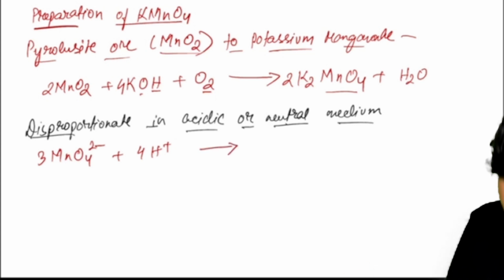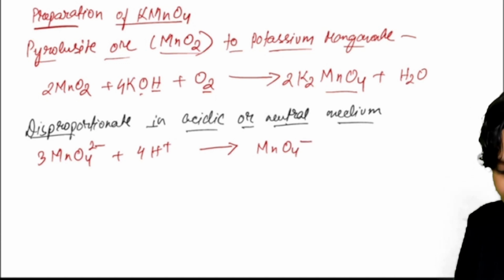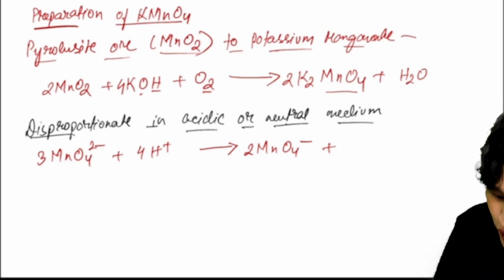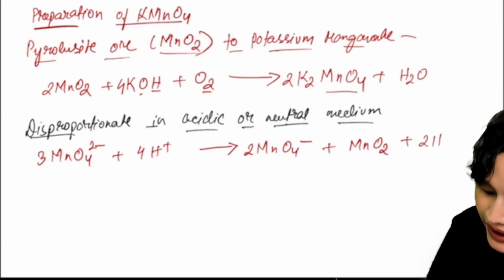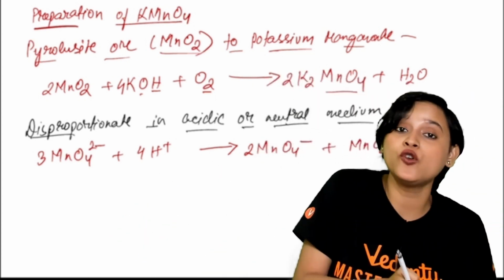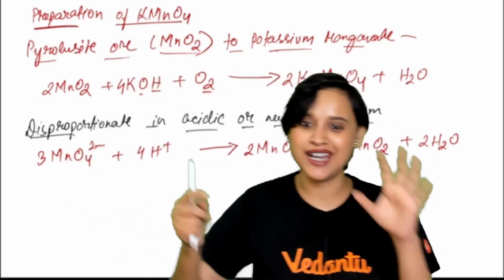We will get 2MnO4- plus MnO2, and finally we will get 2H2O. Makes sense? Disproportionation. That means MnO4 2- will be breaking into MnO4- and MnO2.